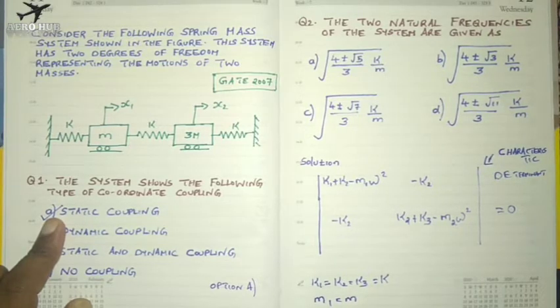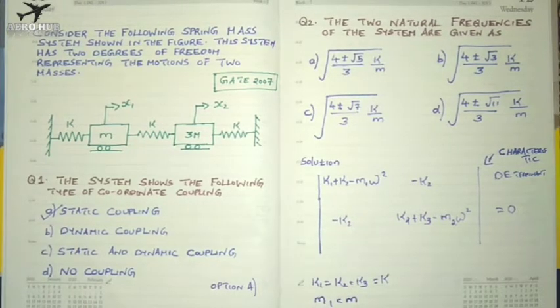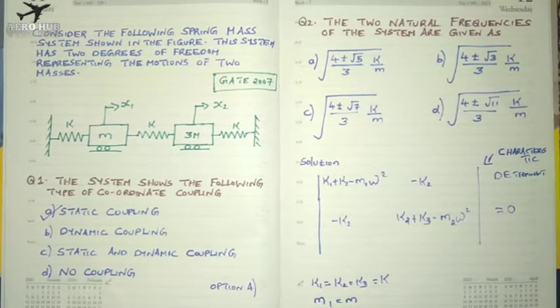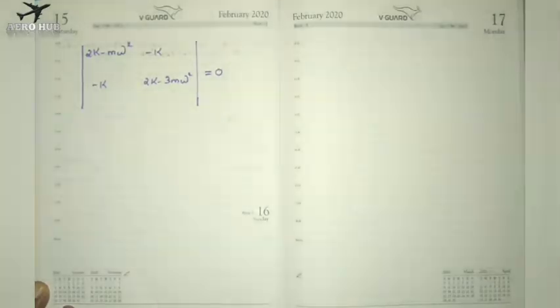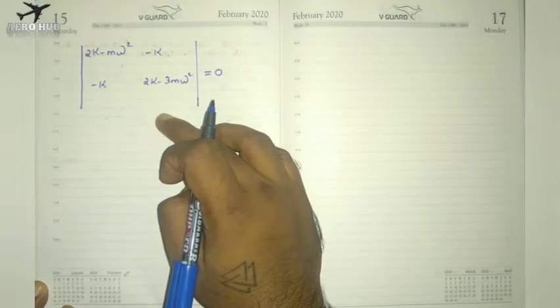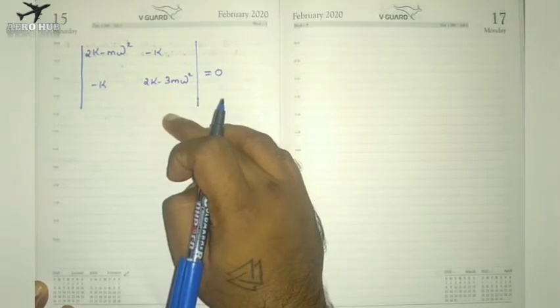Now I will substitute the values of k1, k2, k3 and m1, m2 in the characteristic determinant.